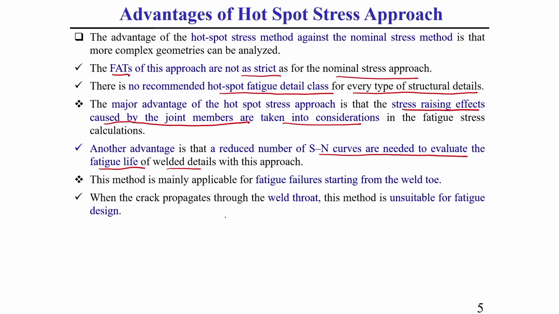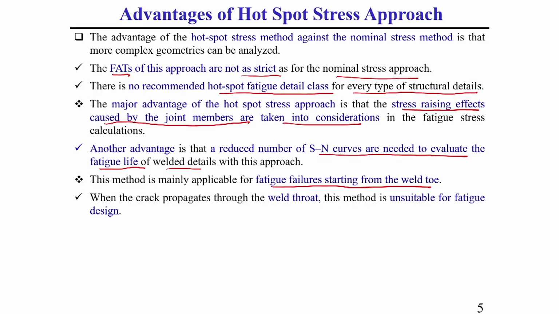This method is mainly applicable for fatigue life assessment starting from the weld toe. Where the fatigue failure starts from the weld toe, in that location this method is mainly used. You should keep this in mind.